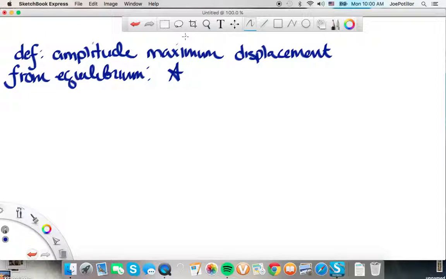Remember, it's from equilibrium to maximum, and we'll graph it eventually and see what we mean by that.